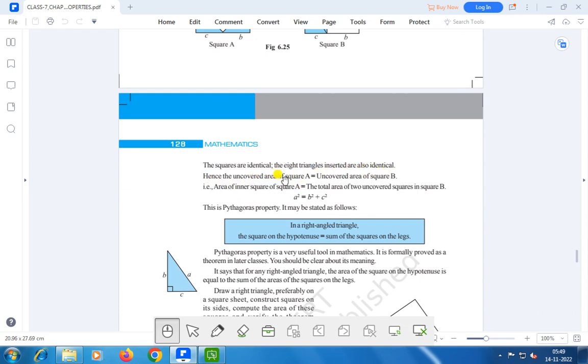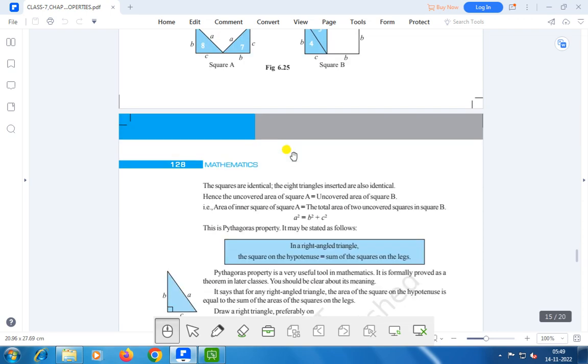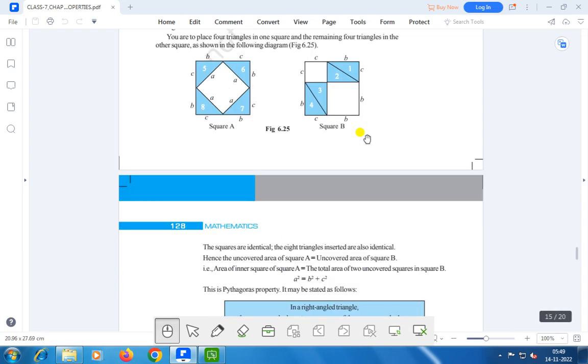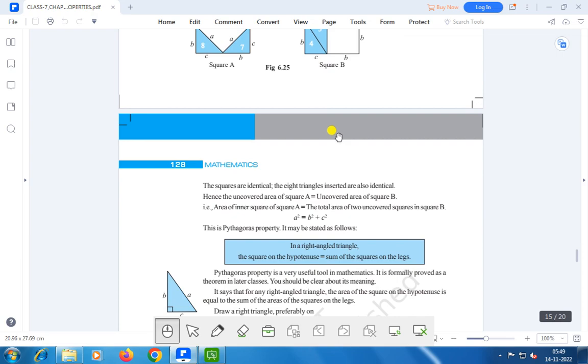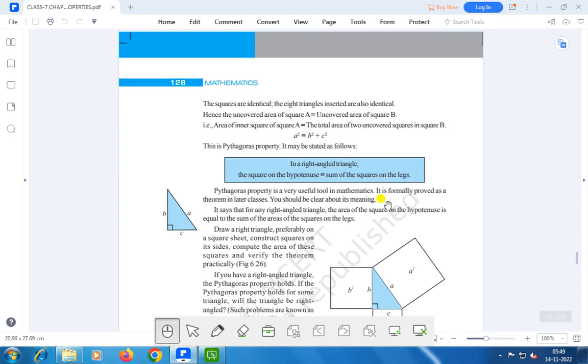Hence, uncovered area of square A is equal to uncovered area of square B. Area of inner square of square A is A into A, that is A square. The total area of uncovered squares in square B: this area is B square and this area is C square. So A square equals B square plus C square. This is Pythagoras property. It may be stated as follows. In a right angle triangle, the square on the hypotenuse is equal to the sum of the squares on the legs.